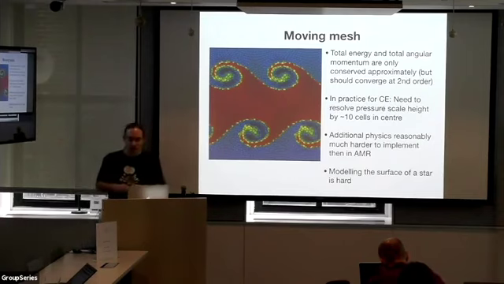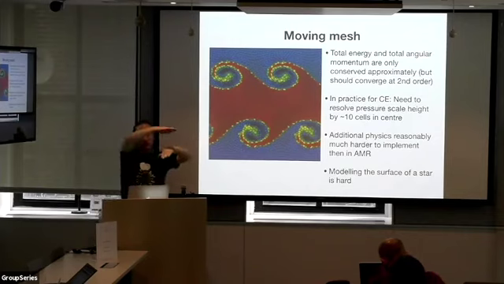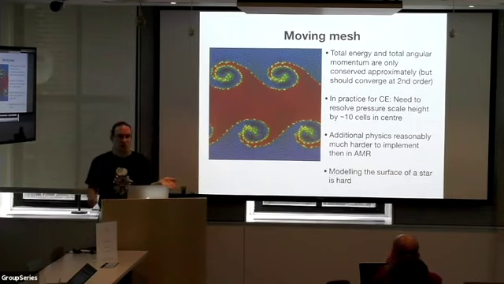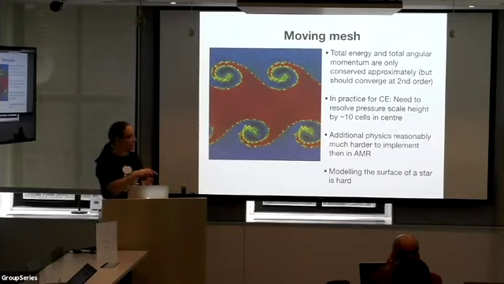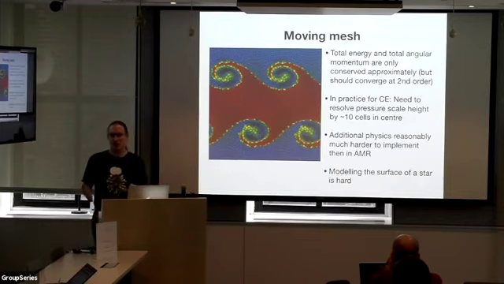In practice in mesh codes, if you start with a sharp jump in the pressure, it will push out gas and smear this out until it's resolved enough to actually be stable, to whatever this criterion on your surface is. You then get a smooth transition at this criterion. It roughly tells you how many cells you need.